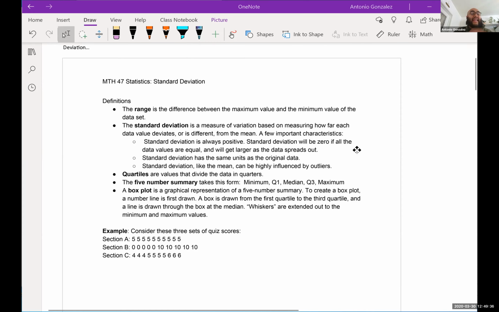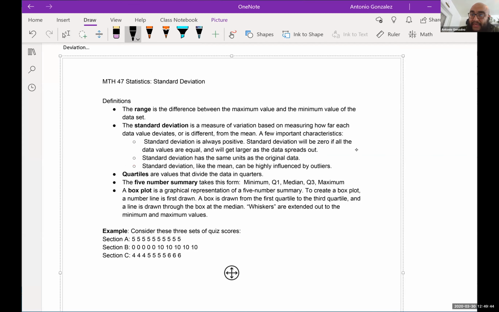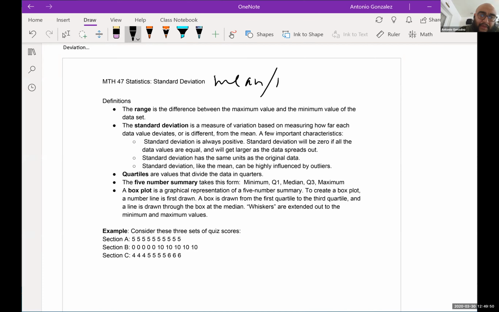And then after that, we talked about numerical representations. Before, we had mean, median, and mode.